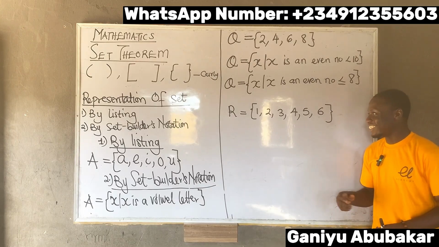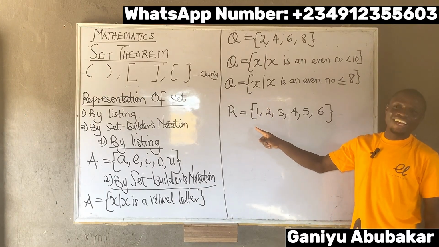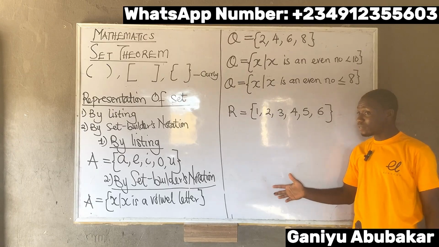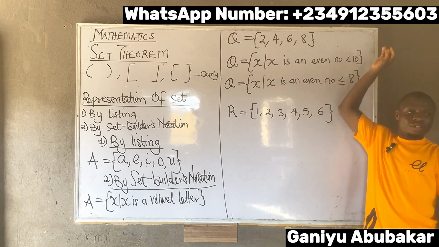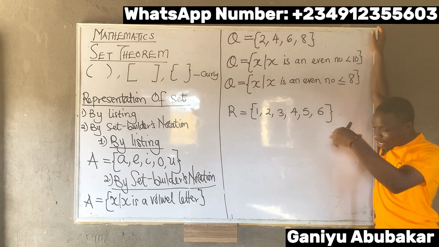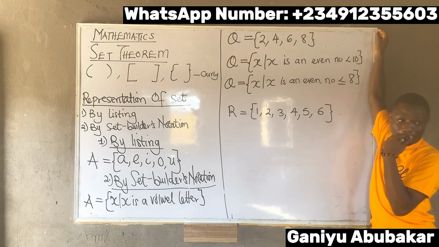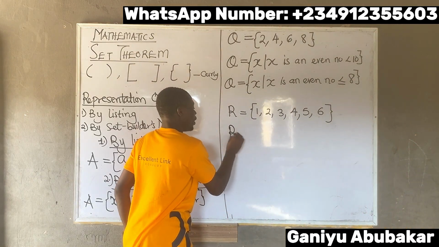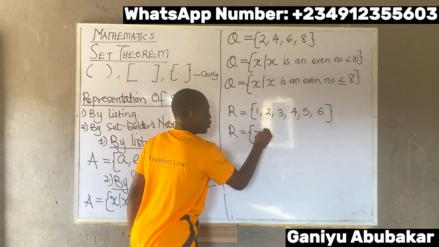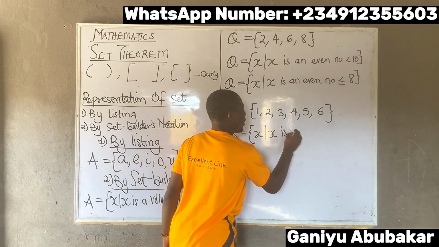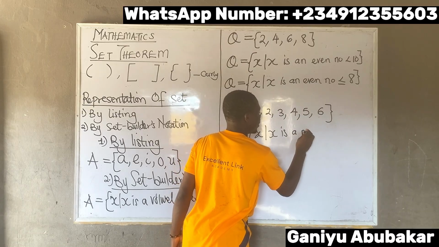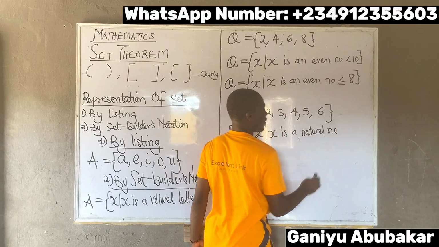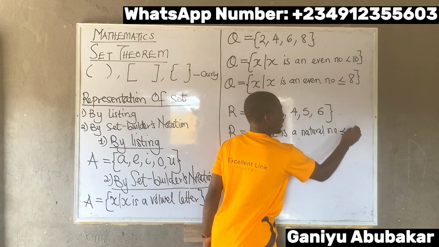R is equal to x, so that x is a natural number less than or equal to 6.